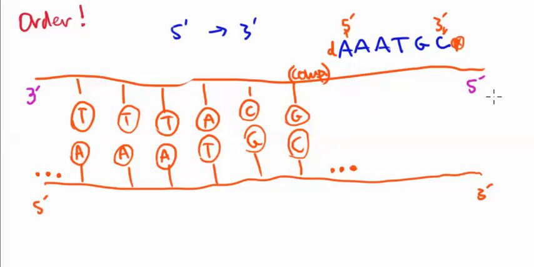Convention is 5 prime to the left, 3 prime to the right, and in the complementary strand, it does go backward. So that is one of the ways that we talk about writing down DNA information or RNA information, writing down the order of the base pairs.